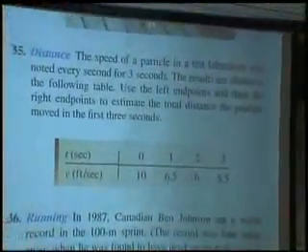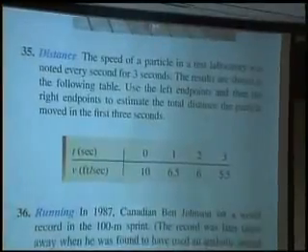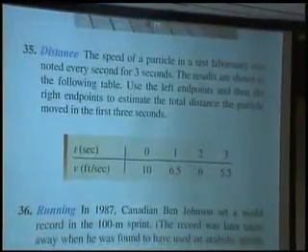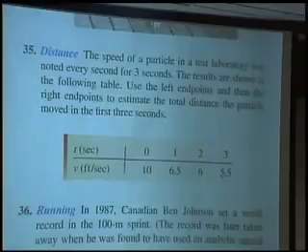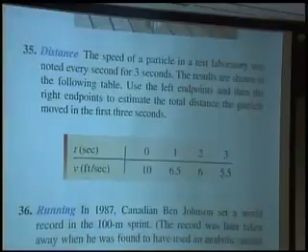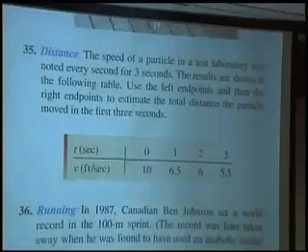Okay, it says the speed of a particle in a test lab was noted every second for 3 seconds. So they're marking down not where the particle is at, but they're marking the speed of the particle. So they have some way of measuring its velocity. Okay? The results are shown in the table. Use left endpoints and then right endpoints to estimate the total distance the particle moved.